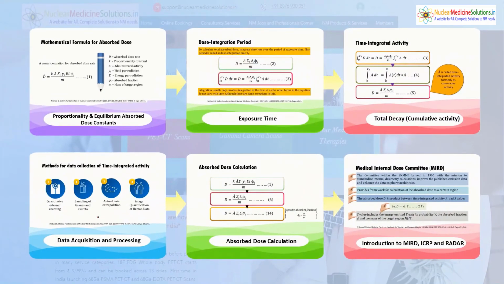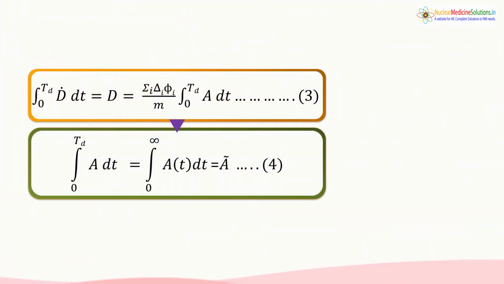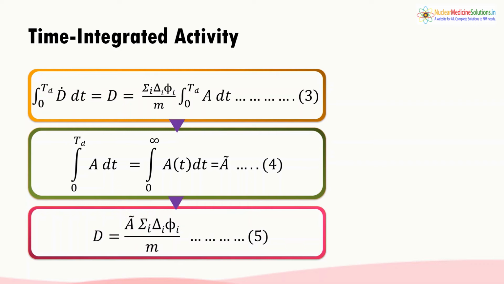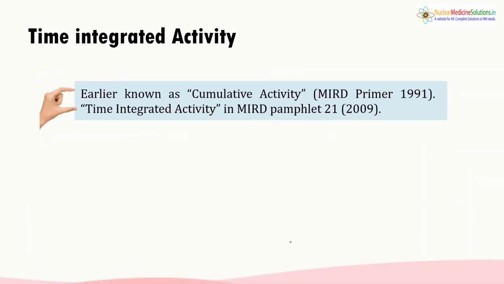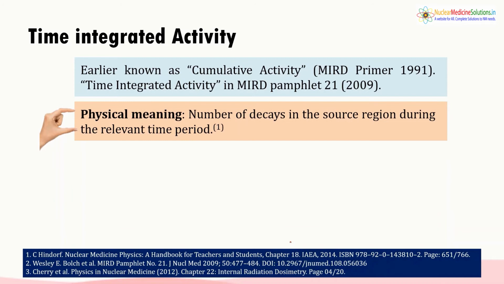In the third part of the presentation, let's see what time integrated activity is. This is the equation which we saw, where D is equal to A tilde sigma i delta i phi i divided by m. This A tilde is called time integrated activity, which was earlier known as cumulative activity in the 1991 MIRD primer, and in 2009 in MIRD pamphlet 21 it is known as time integrated activity.